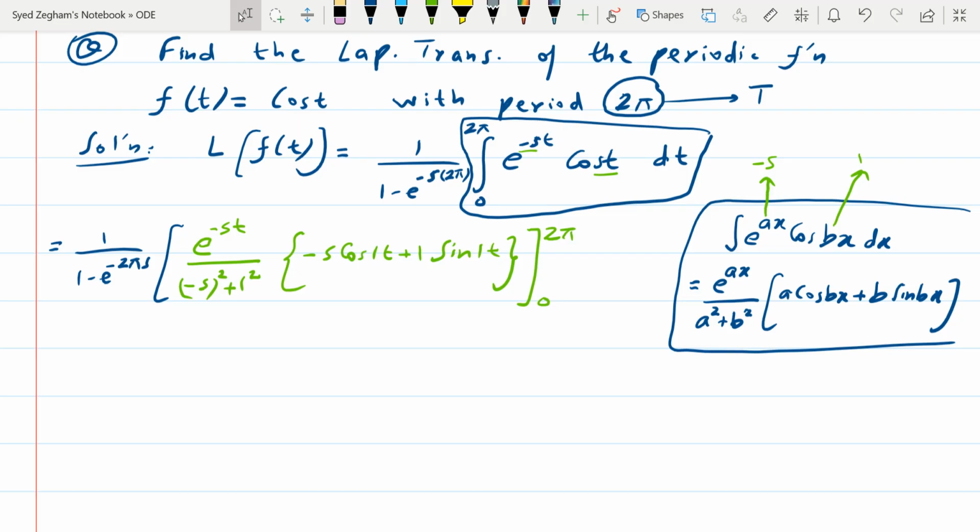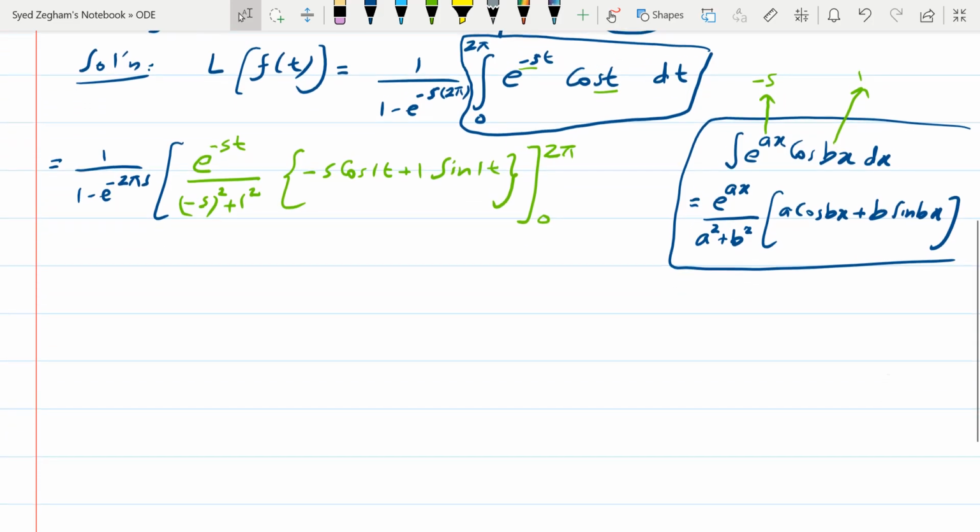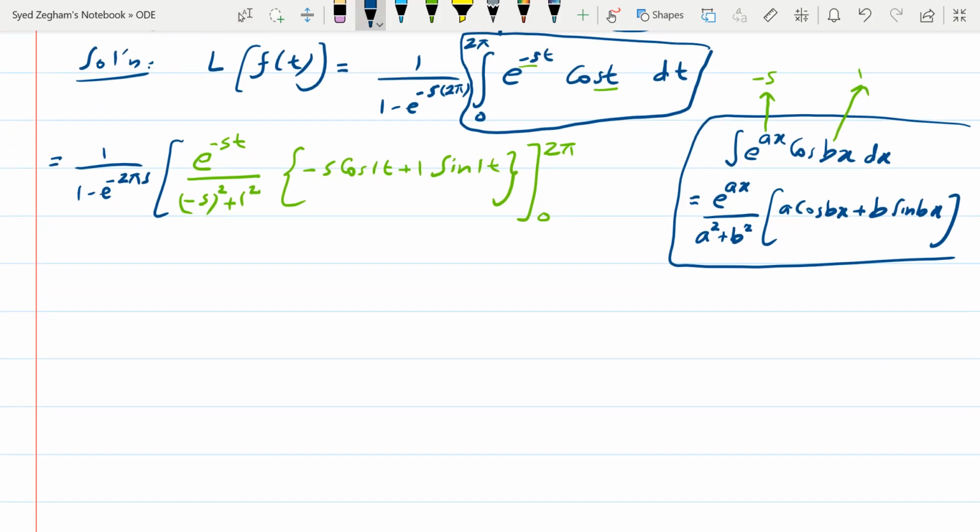Now let us put the limits and let us get the answer. So 1 over 1 minus e to the power minus 2 pi s, and if you observe here, this part, there is no t here, so you can shift it outside the bracket.